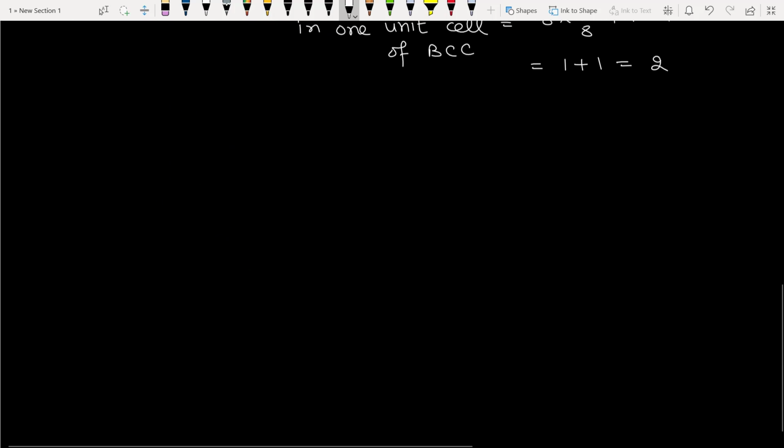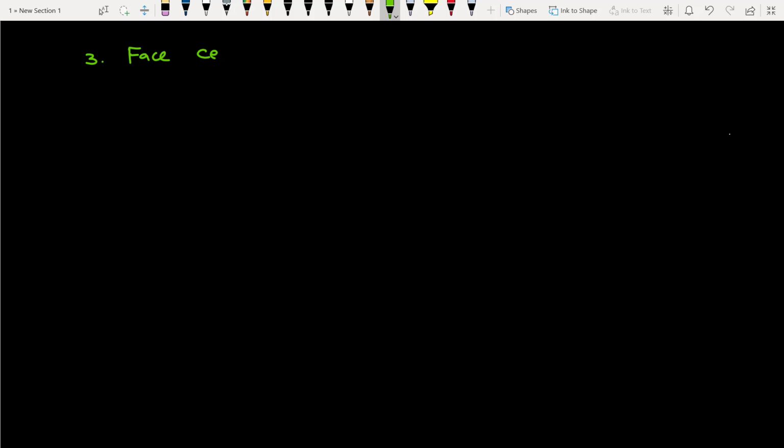Third kind of cubic arrangement is face-centered cubic, the FCC arrangement.